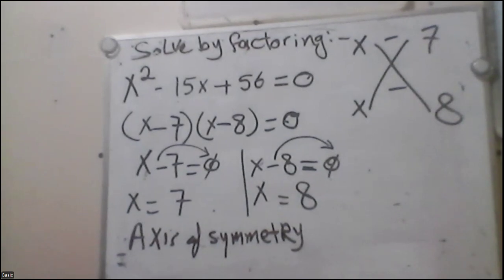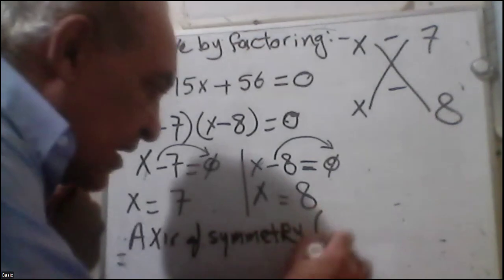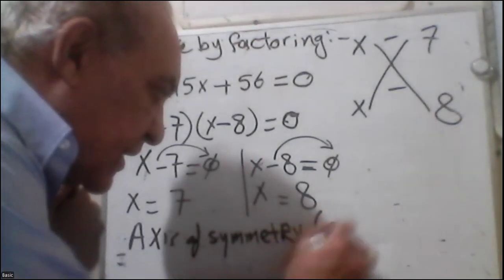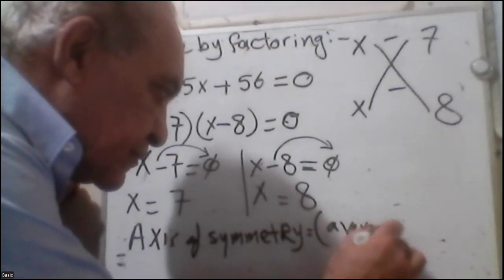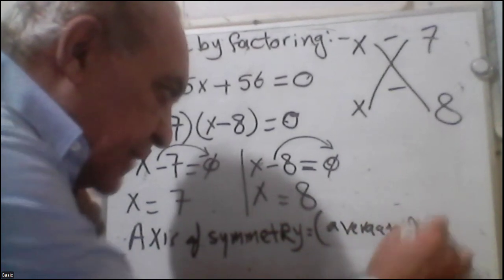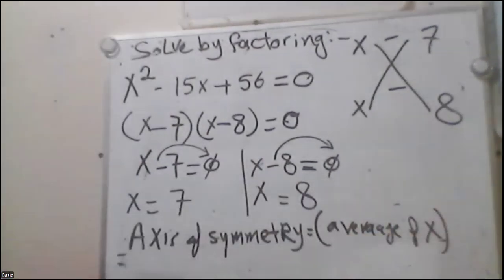The axis of symmetry will be the average of the x values which I have.